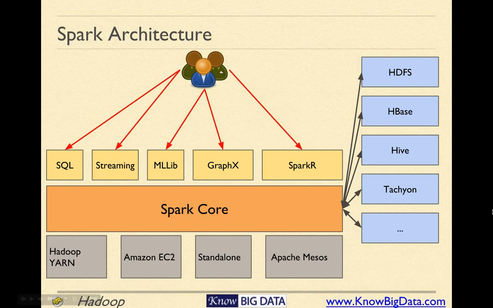As a user, we can directly interact with Spark Core using Python, Scala, or any other language. Like the way we wrote MapReduce jobs in Java, similarly we can also submit our jobs directly to Spark Core.